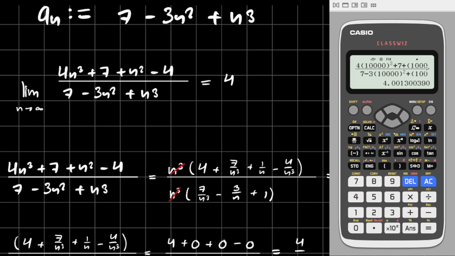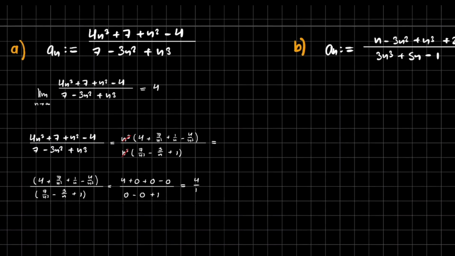And as you can see, it approaches 4. It basically is 4. That's basically the gist of the idea.